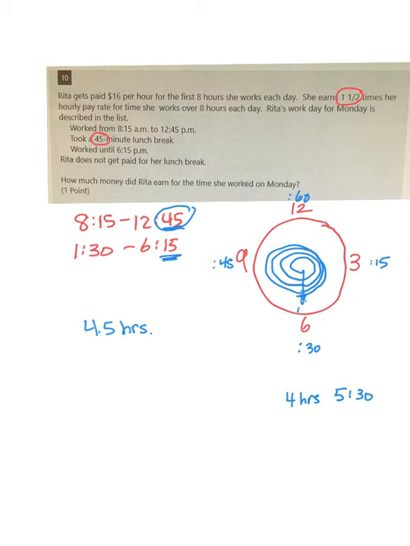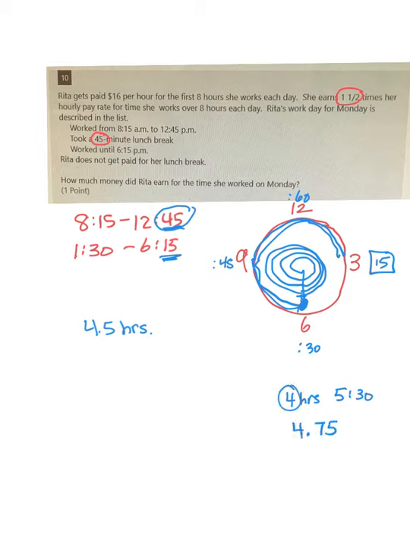So from 5:30, we'll say here, this is 15 minutes, 30 minutes, 45 minutes. We're now at 6:15. It's been 45 minutes. Well, 45 minutes is 3/4 of an hour, right? Because we went 3/4 of the way around the clock. So your decimal for 45 minutes is 0.75.